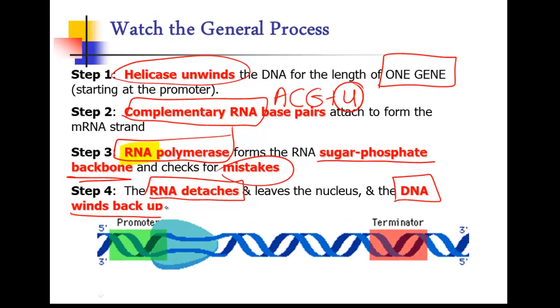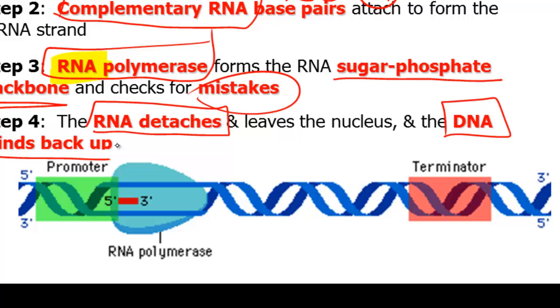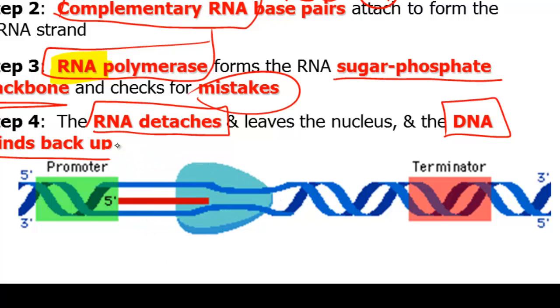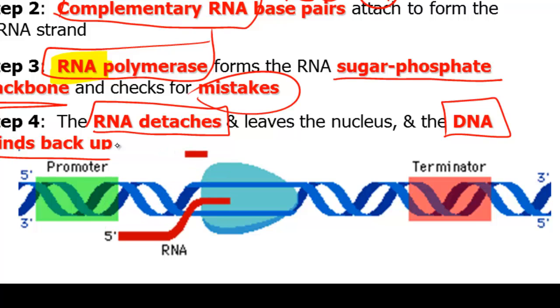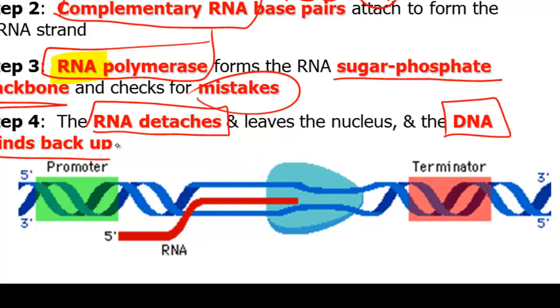So let's watch the process. Here you've got complementary base pairing happening, and the RNA polymerase is helping to form that sugar phosphate backbone. As you can see, the RNA is being built, and it's only going from the promoter to the terminator.